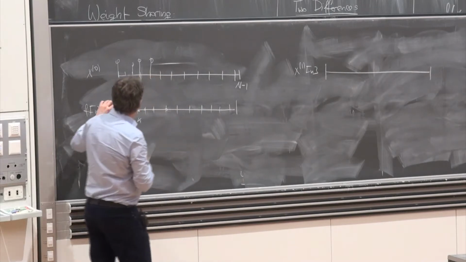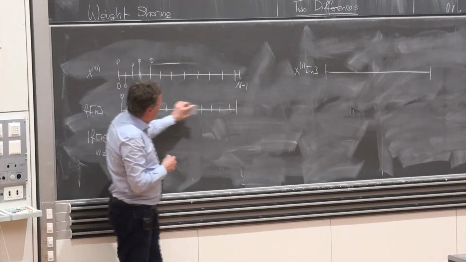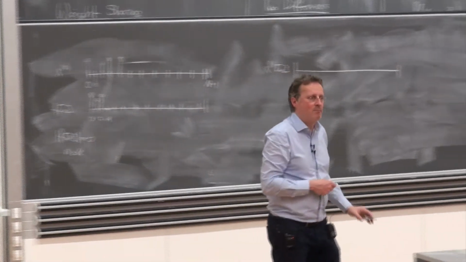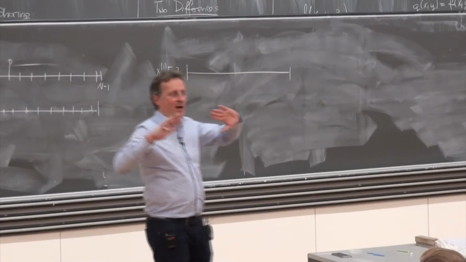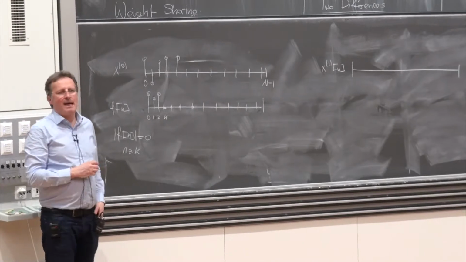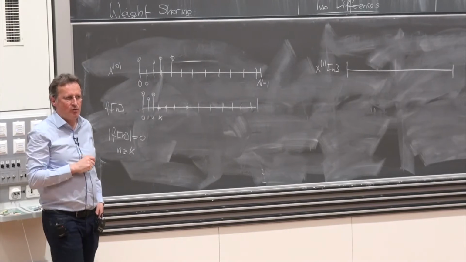That is in principle not a problem when I'm anywhere in here. The only problem is at the boundary, because we're missing some values. As we said, there are two ways to do it. One is to do some zero padding.